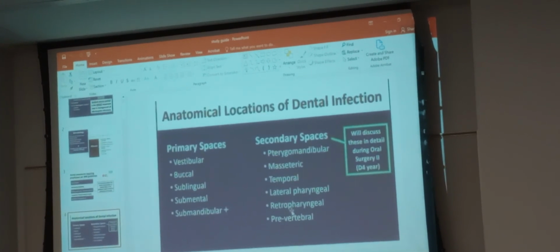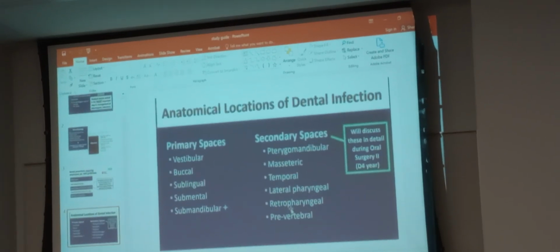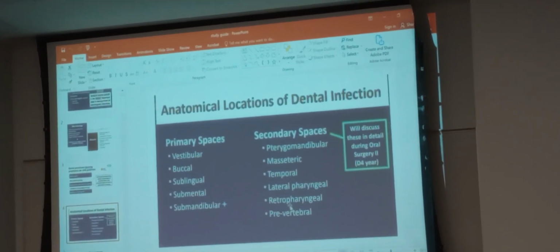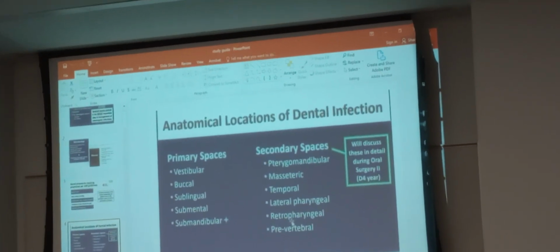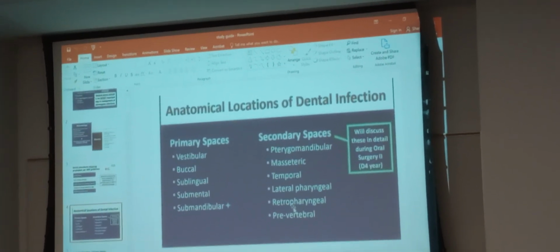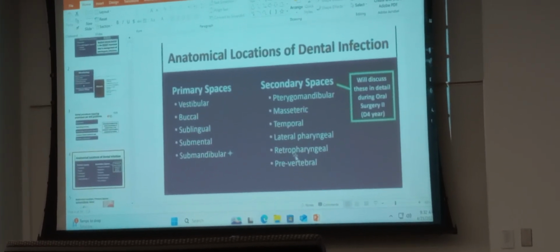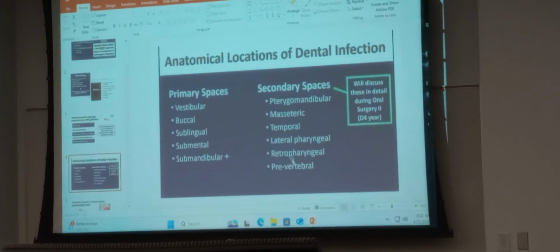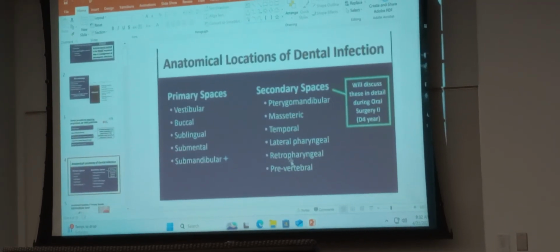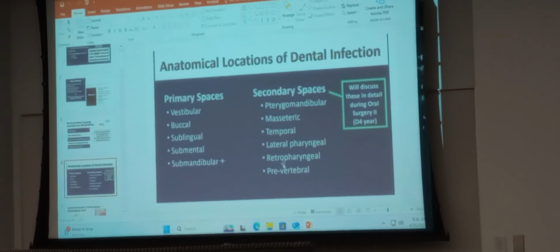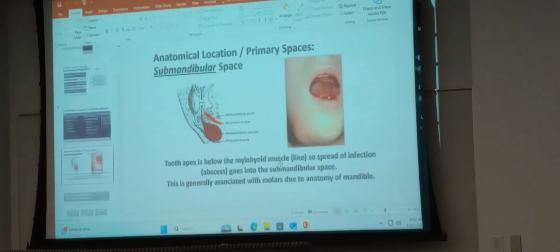Knowing vestibular, buccal, sublingual, these are primary spaces. Once you start getting that in your head, it's more for what's severe and what's not severe. Someone with a vestibular space versus a temporal space is going to have very different severities. So there's some background for me wanting you to know that, even though this is kind of a simple question.